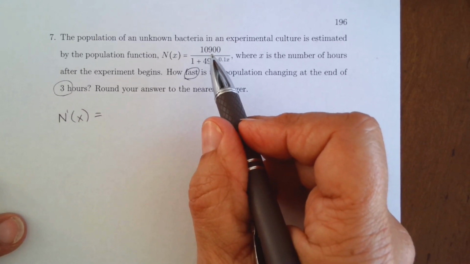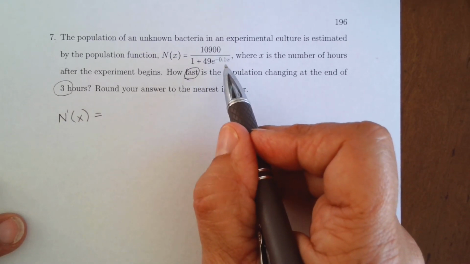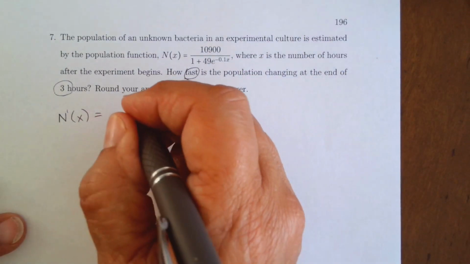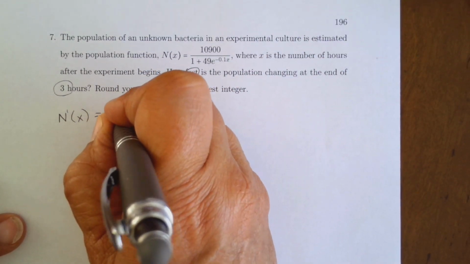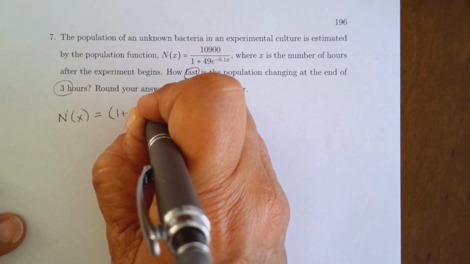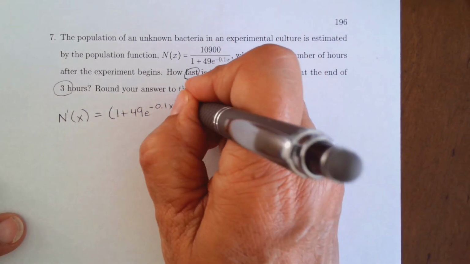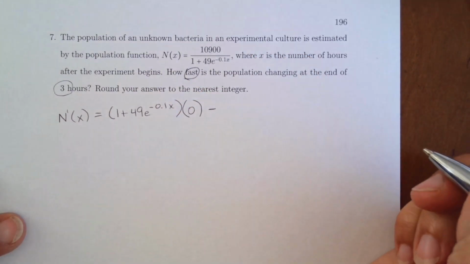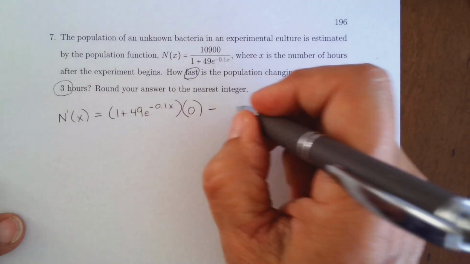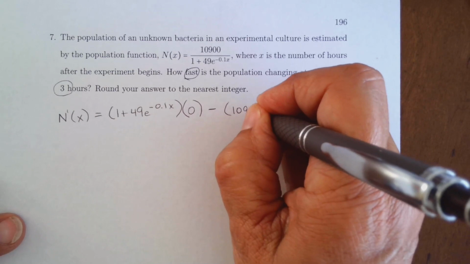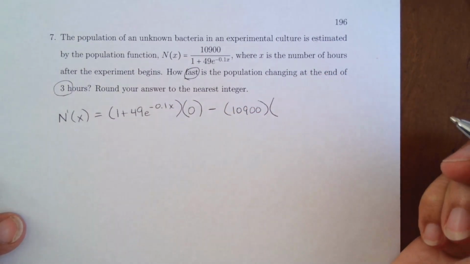So quotient rule says you're going to start with the bottom function times the derivative of the top. So the bottom function times the derivative of the top, well, the derivative of the top is 0, minus the top function times the derivative of the bottom.